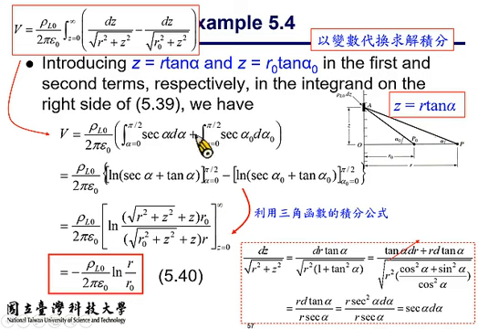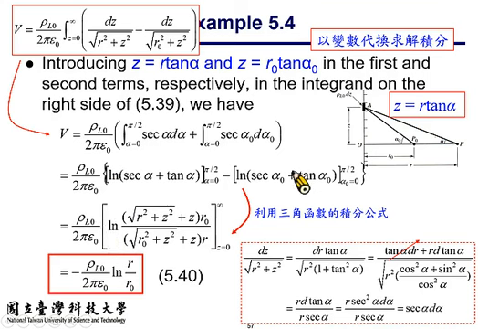And if you look at the integration table, you will find that the integral of secant alpha d alpha becomes log of secant alpha plus tangent alpha, right? And substitute the limits into the expression of the logarithmic function. You end up with this result.